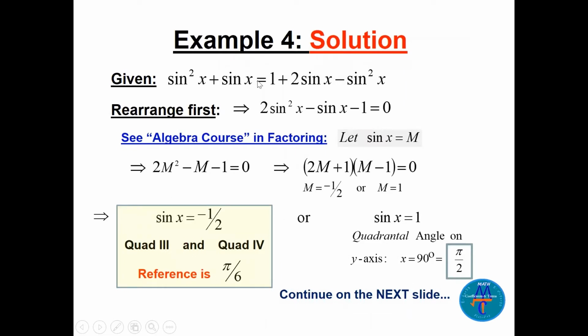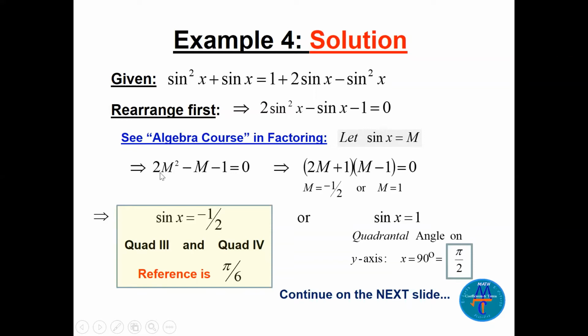You bring the minus sine squared over, and it becomes 2 sine squared of x minus sine of x minus 1 equals 0. Remember in the algebra course, in factoring, you can let sine of x equal capital M to make it easy, or you can directly factor this quadratic equation.